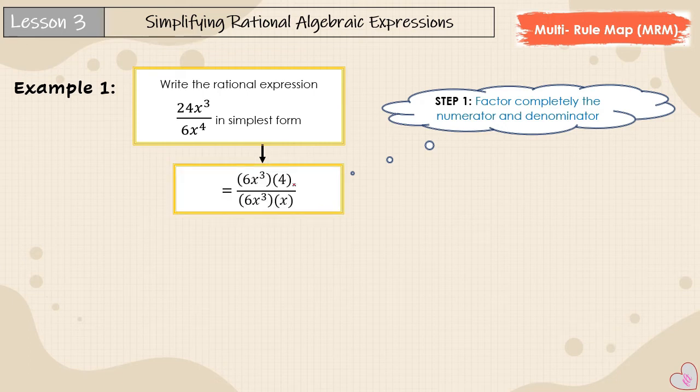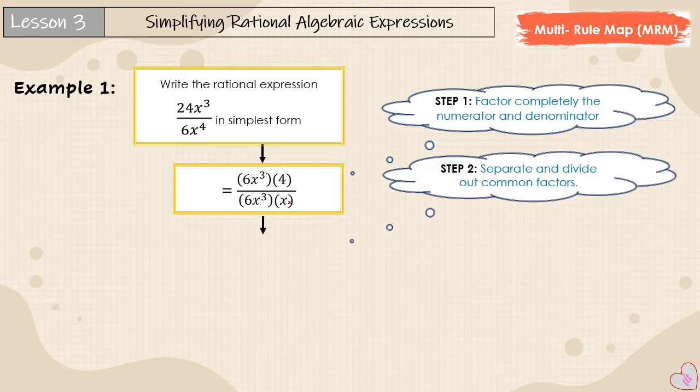So we have for the factors of 24x raised to 3, 6x raised to 3 times 4. And then for your denominator, you can factor this out as 6x raised to 3 times x. So we can get the GCMF or greatest common monomial factor of both numerator and denominator, which is 6x raised to 3 in this given example.